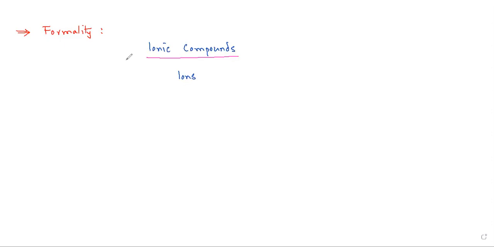Now, when they consist of ions, unlike the covalent compounds, which consist of molecules, now when there are molecules, it is proper to say molecular weight.